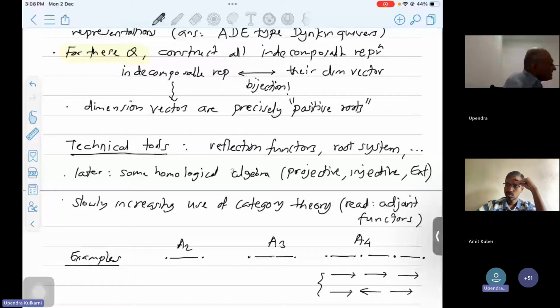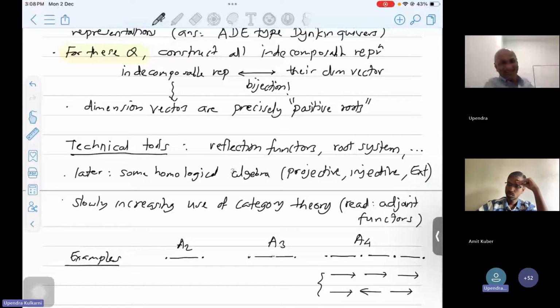Because currently we have no way to relate representations of different quivers. This is a bad answer, I'm being pedantic, saying this question doesn't have any precise meaning. However, later on you will see ways to go from one to the other.